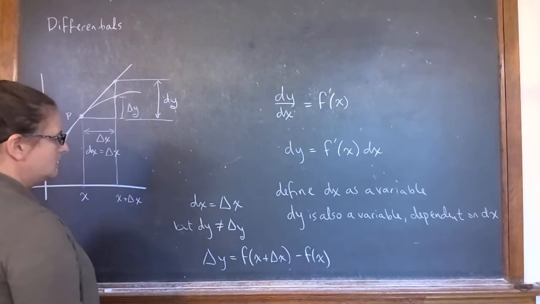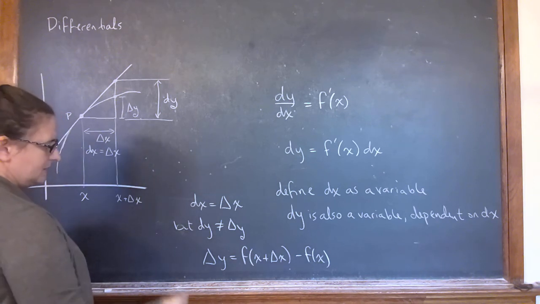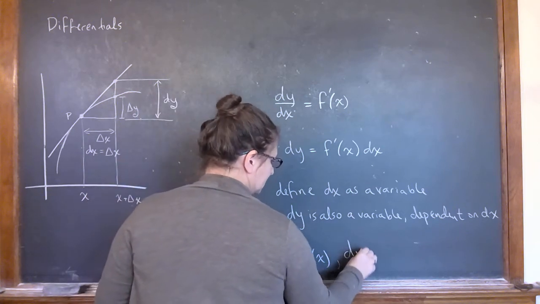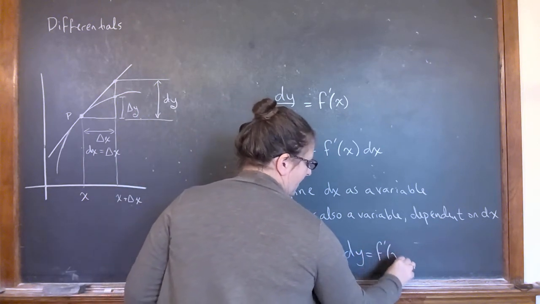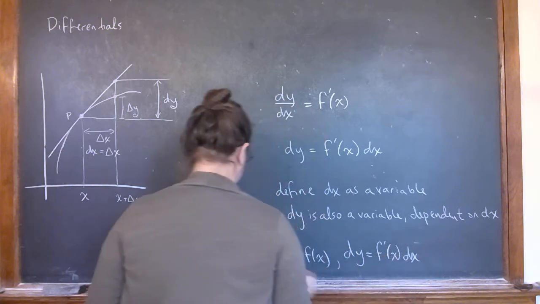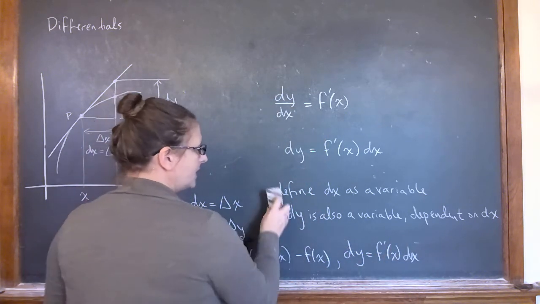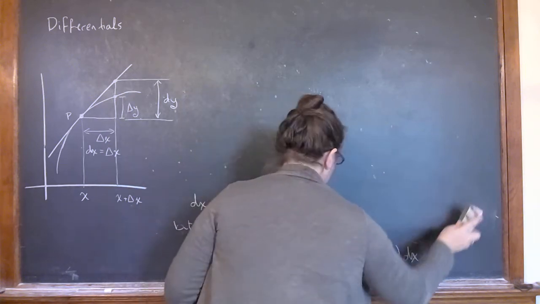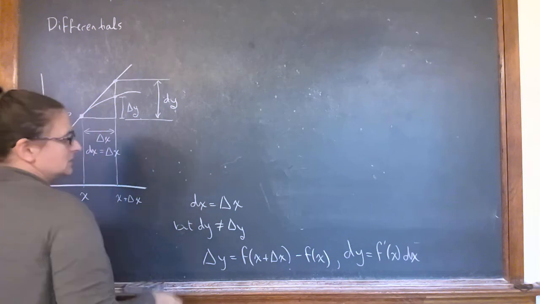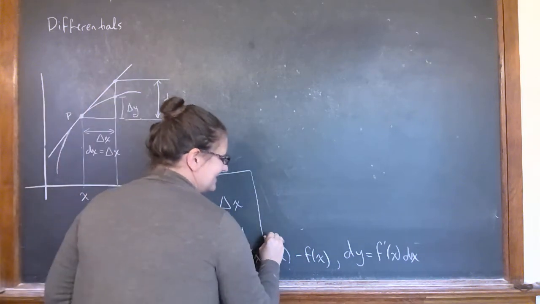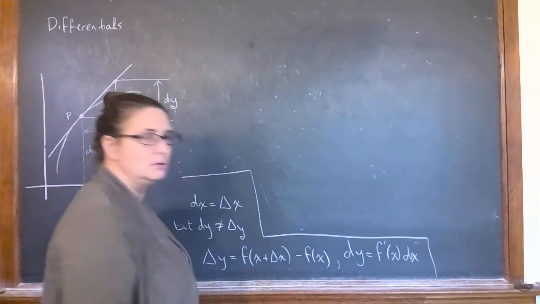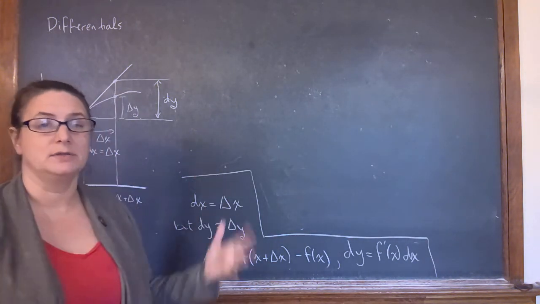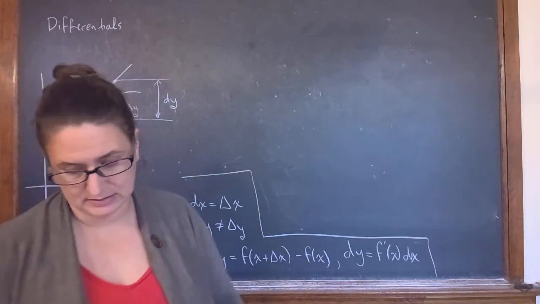So this is delta y, and I'll write it down here. dy is f prime of x dx. We'll just leave that right there, and I'm going to do an example where we find the dy and the delta y. They tell you what the x and the dx are.